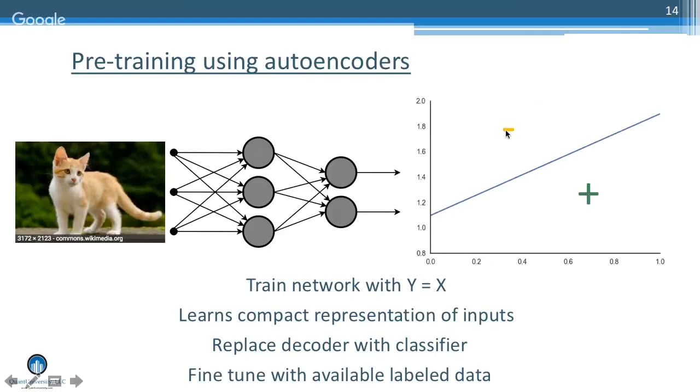Whether it's classified as a cat or a dog or whatever it is, right? So at that point, the last layer, which was used after you are done with your training to decode and get back the original data, you can knock that layer off and then just add some kind of activation function so that you can use that as a classification. Okay.